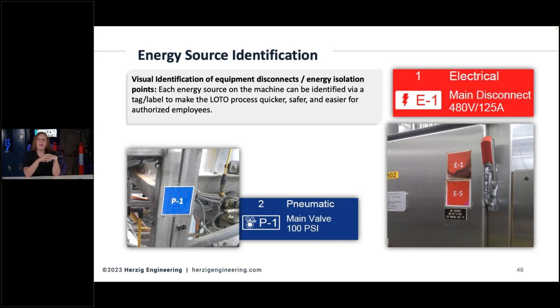So for example, that procedure a moment ago, it said E1, you have to shut off blah, blah, blah, and then you can look up and see a tag that says E1. Or pneumatic, P1. So color code, have that acronym, so to speak, to easily identify which point and which order they go in. Not required, but a best practice, I would say.